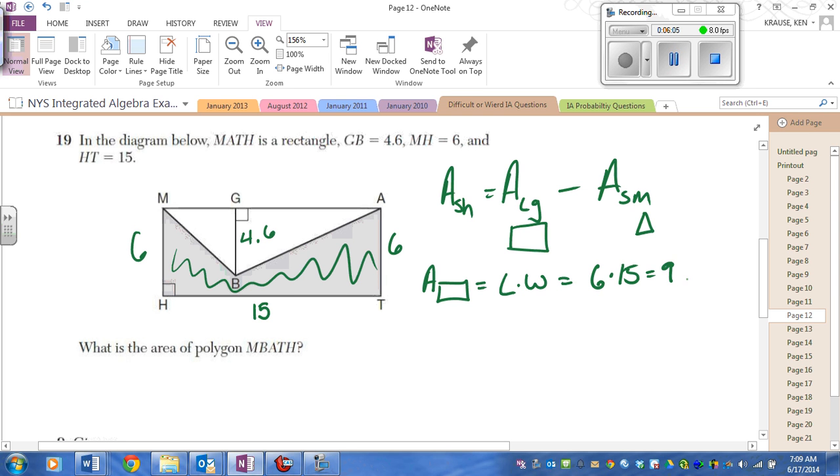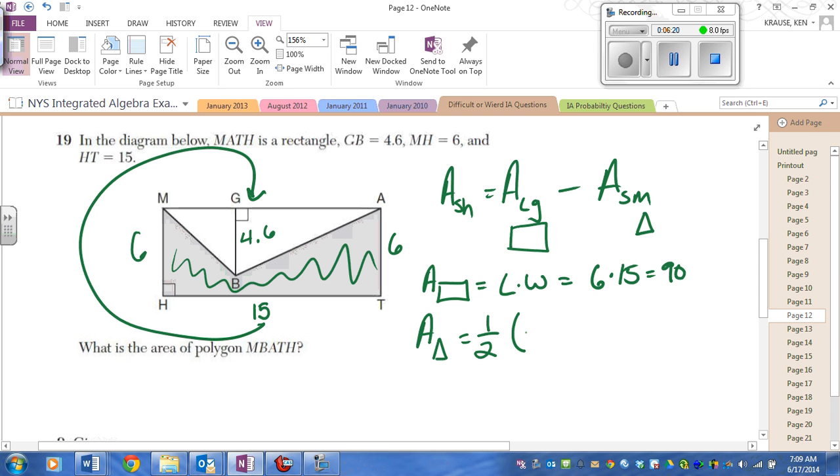That's 90. And then the area of the triangle, I'm going to have to actually do on a calculator, is equal to 1/2. Now this base, 15, is also the base here. So base, which is 15, times the height, which is 4.6.